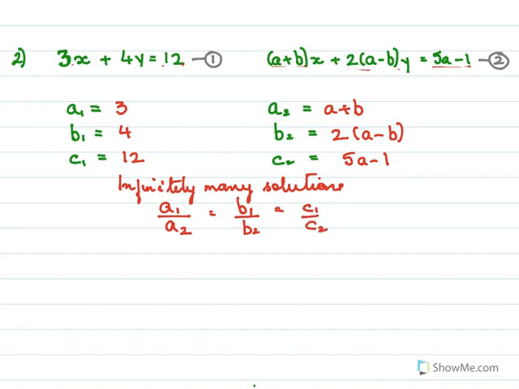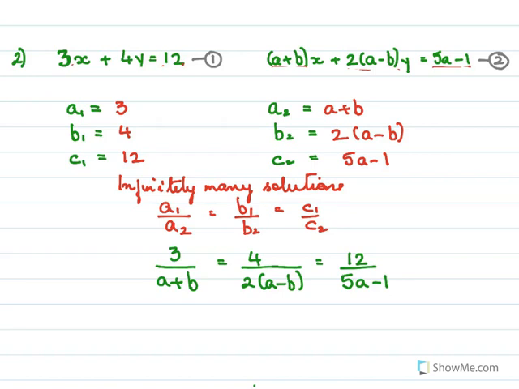Now let's put the values. Our a1 is 3, a2 is a plus b, b1 is 4, b2 is 2 over a minus b, c1 over c2 will be 12 over 5a minus 1.